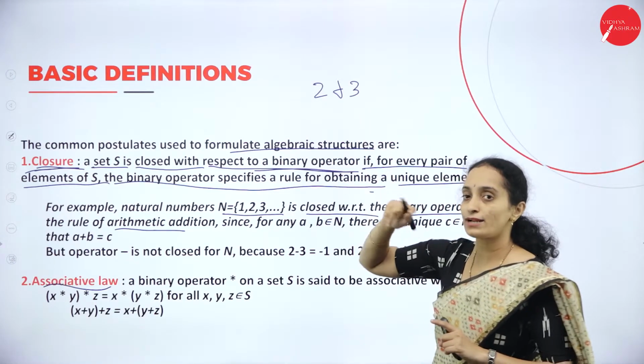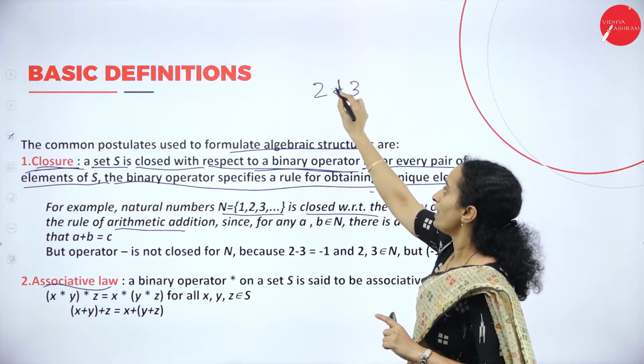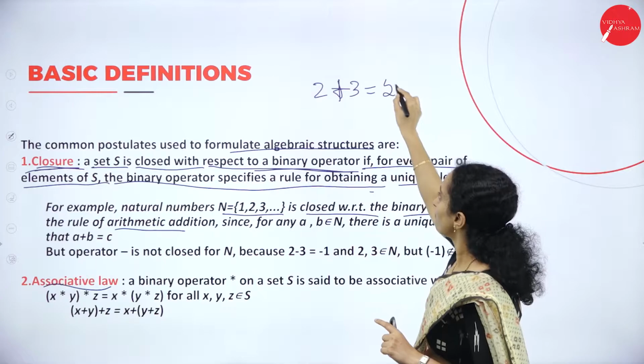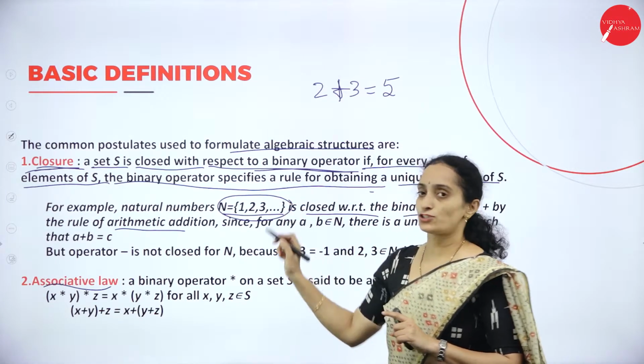I take a pair of natural numbers 2 and 3 and apply the plus operator. This will give you the result 5, which belongs to the same set of natural numbers.